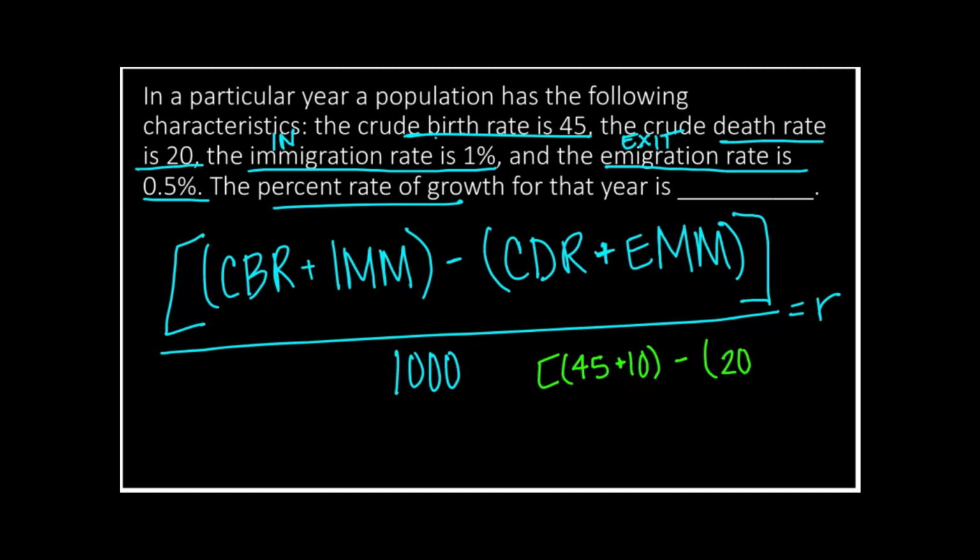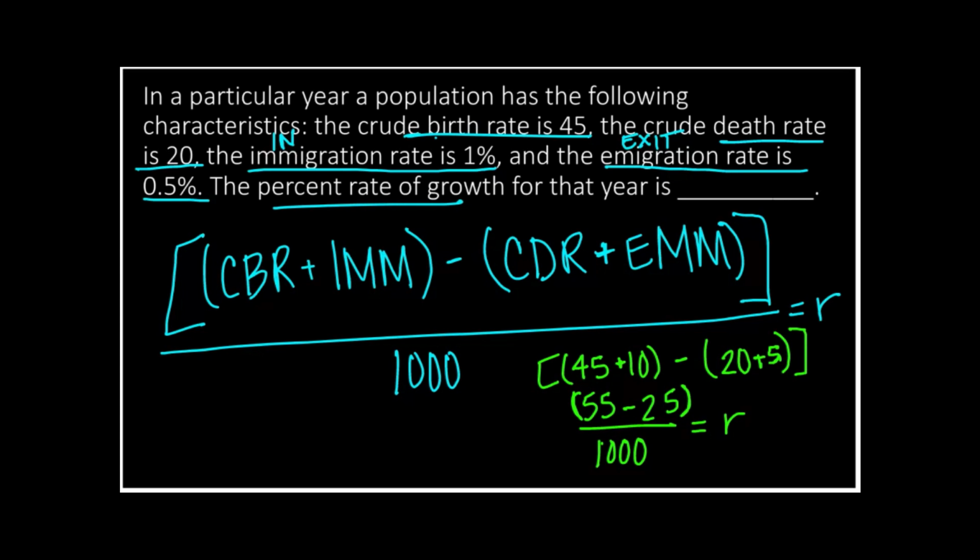And our emigration rate is 0.5%. So if 1% was 10, then 0.5 would be 5. Okay, so then we'd have 55 minus 25 divided by 1,000 equals your R. Now, when you put this in your calculator, make sure you do your parentheses like this.